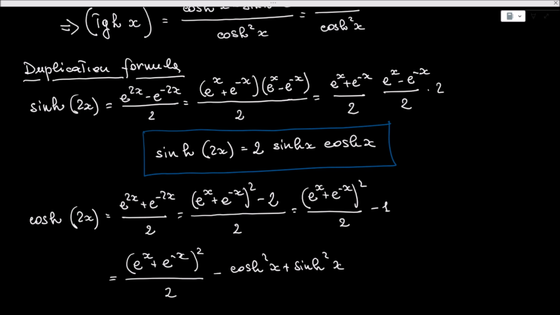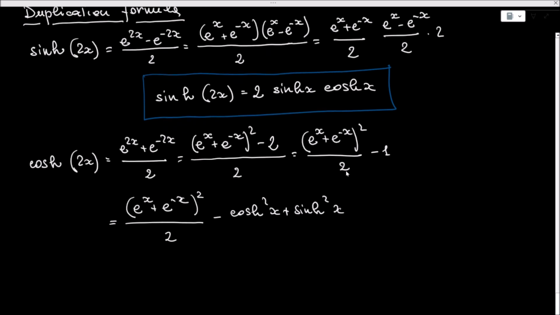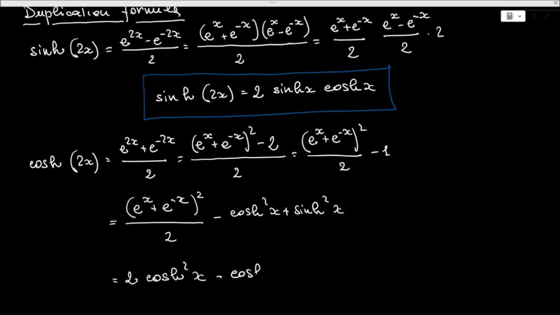But this is nothing else than 2 times the hyperbolic cosine square of x minus the hyperbolic cosine square of x plus the hyperbolic sine square of x, and finally this gives me the hyperbolic cosine square of x plus the hyperbolic sine square of x.